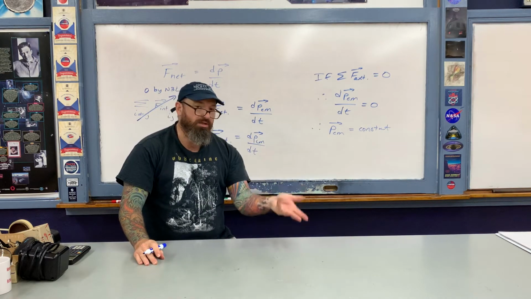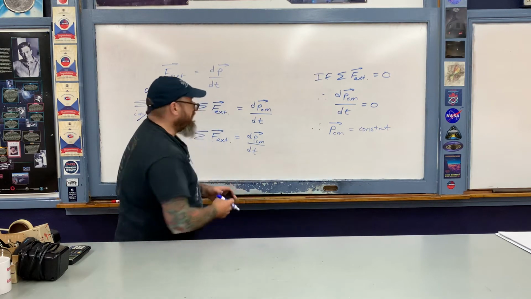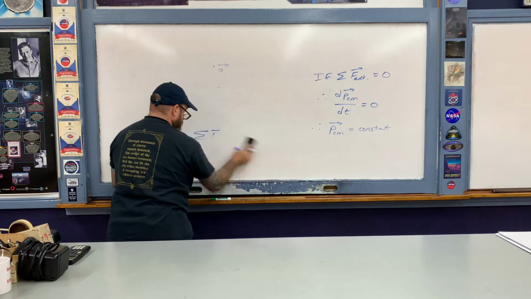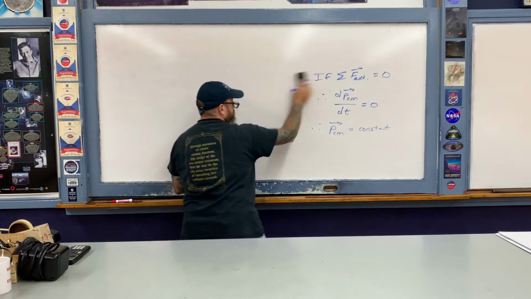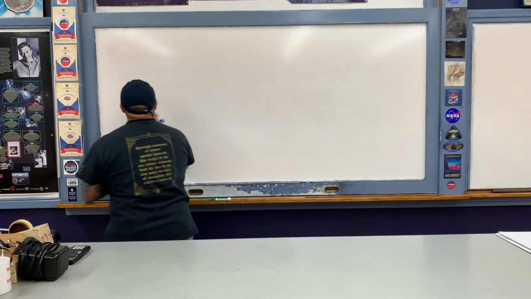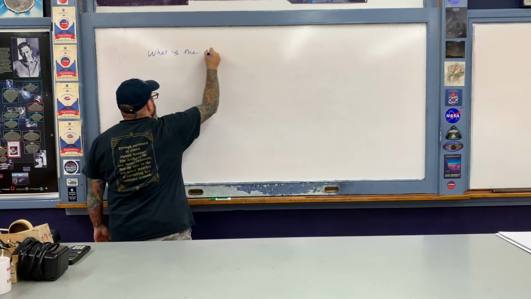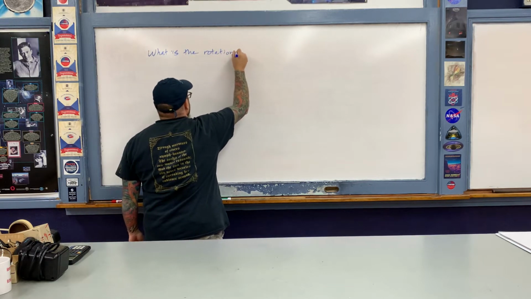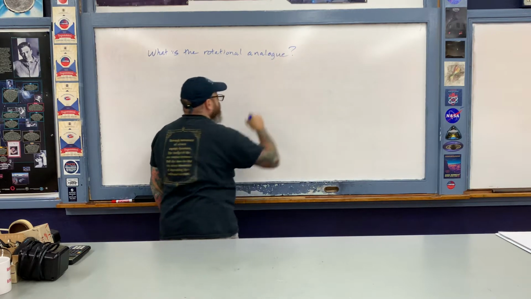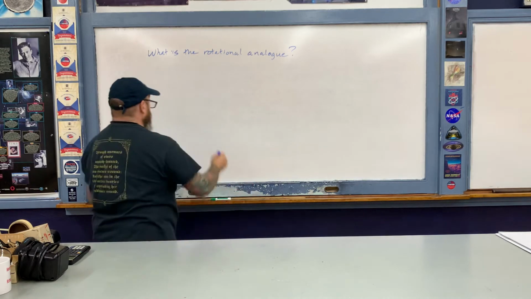What is the rotational analog? Well, I'm going to introduce the rotational analog to you in the following way. Okay, so let's ask the question, what is the rotational analog? Okay, let's write Newton's second law in its rotational form as we've seen it thus far.